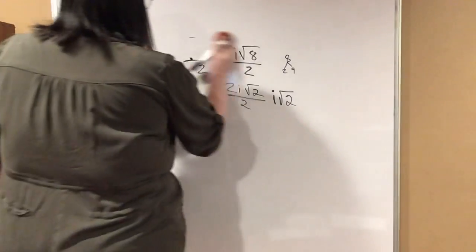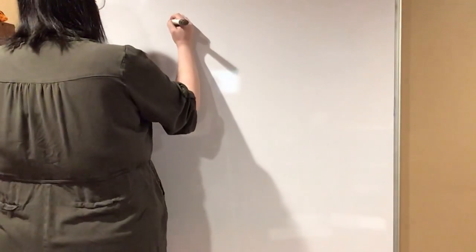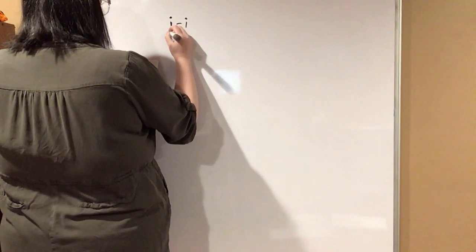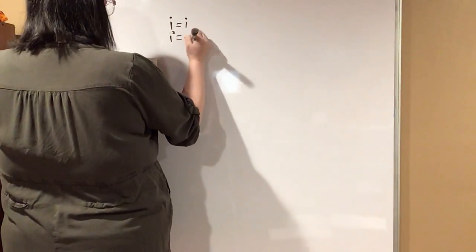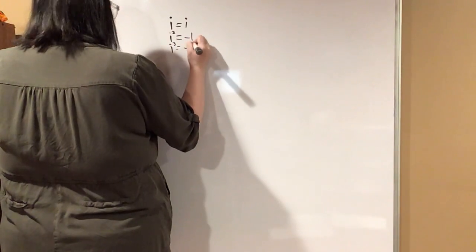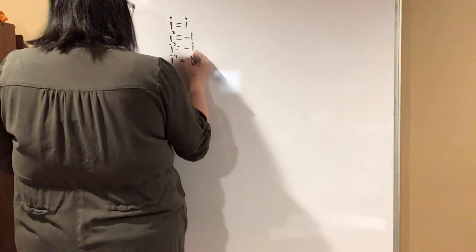Okay, so multiplying complex numbers. First of all, I'm going to show you guys a little chart, because sometimes they'll just give you i's. So here's a chart. i equals i. i squared equals negative 1. i cubed equals negative i. i to the 4th equals 1.